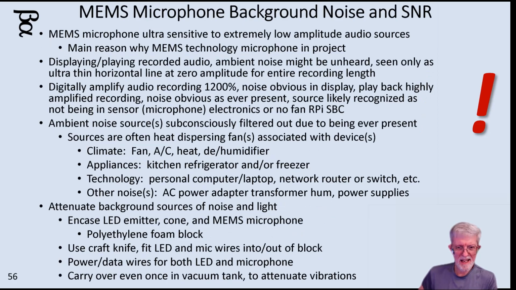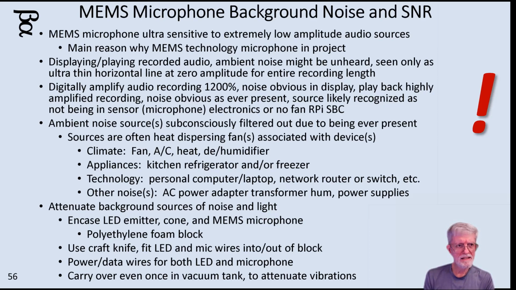And then I had to isolate background noise that I could identify. The way I did this was I took the audio that I recorded before I started recording for real. I did some test audio recording, and I saw noise. I amplified the noise 1200% so that I could see, like, oh, now that I can hear it, it sounds like my laptop. So I would recognize that's the fan in my laptop.